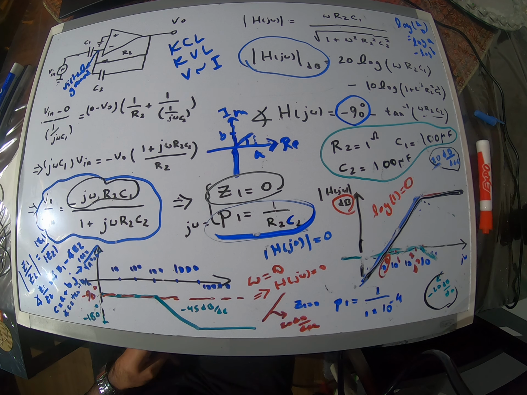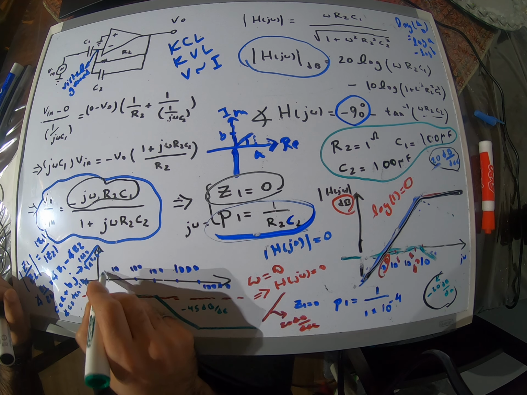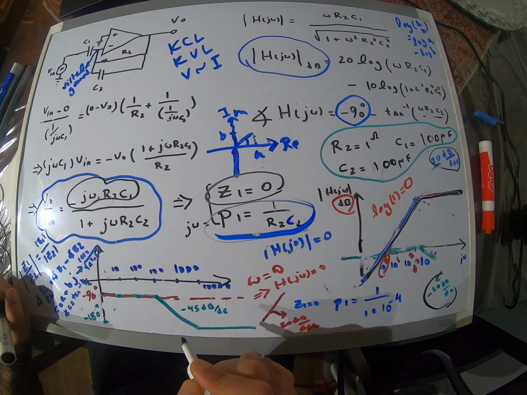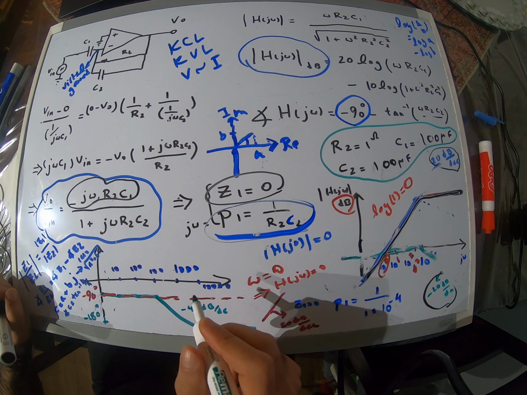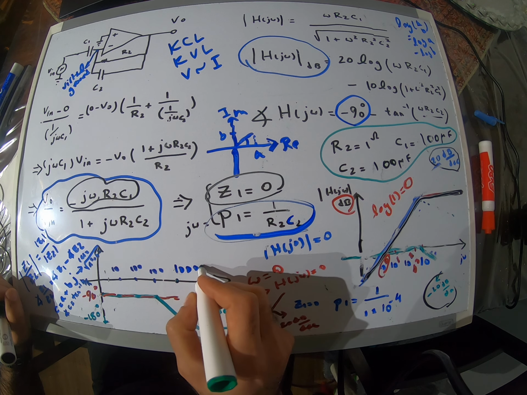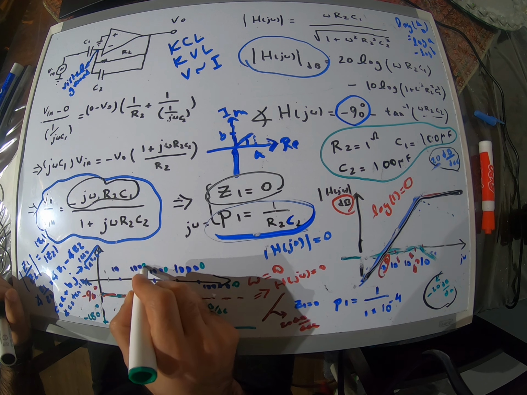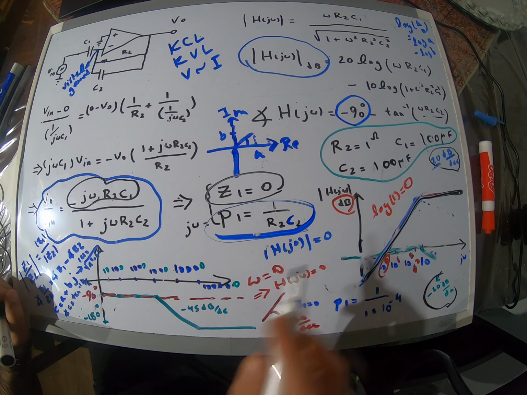What is the impact of our pole on the phase? You remember that we have a pole at omega equal to 10,000. Again, I made a mistake here, because this is 10 to the power 4.